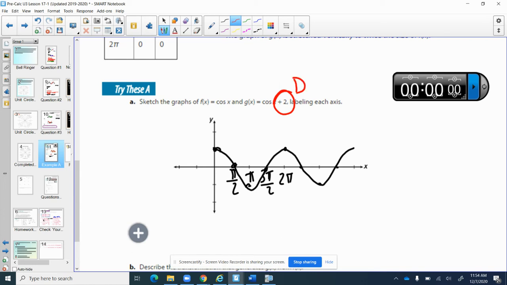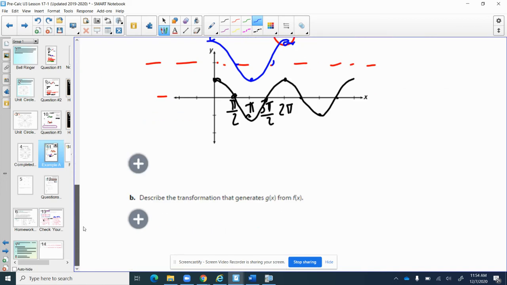You're changing that parameter d, so that instead of the midline being here at y equals 0, our midline is up here at y equals 2. So we're essentially taking our graph and moving everything up 2 units, so that our graph would look like this. Shifted up vertically.